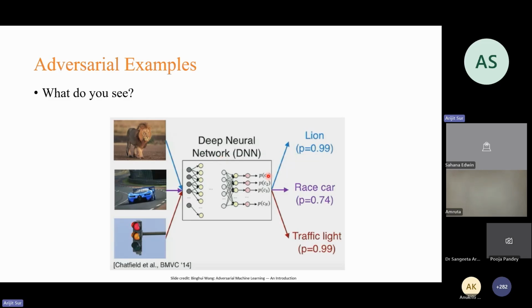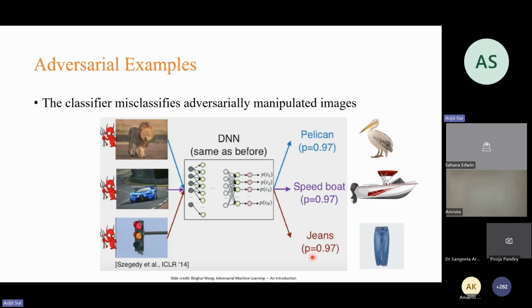It predicts that this is a lion with a confidence of 99%, or a race car at 74%, and a traffic signal. So this is the benign case, where there is no attack. But if some attack is done, then this lion is termed a pelican with 97% confidence.